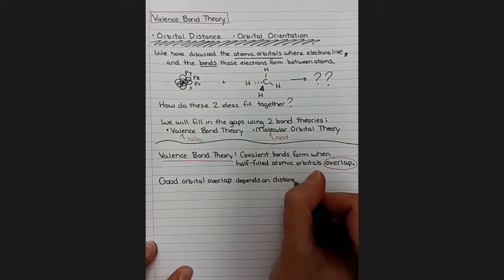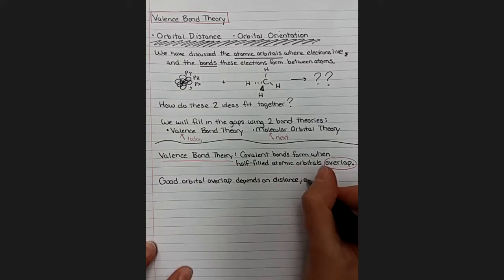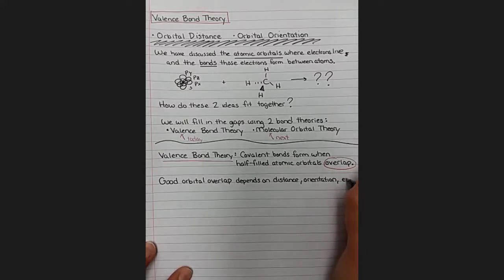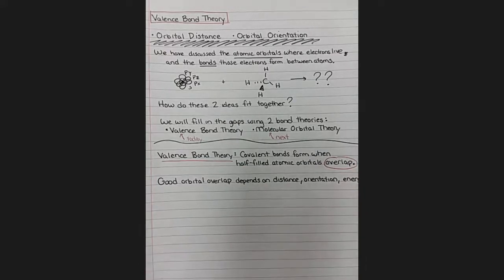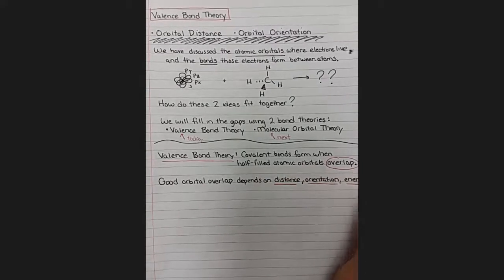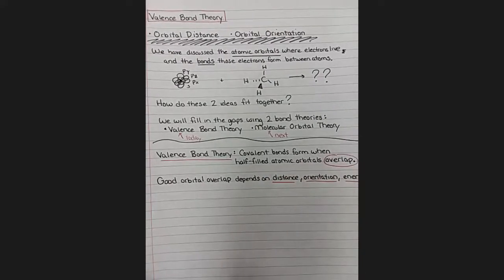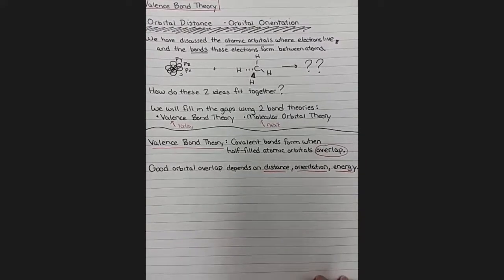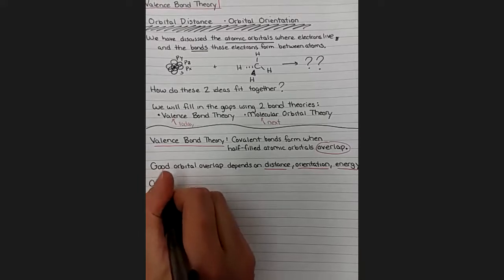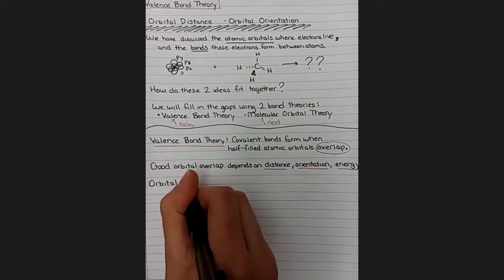To get good overlap, we need the appropriate distance between the orbitals, the appropriate orientation of each orbital, and a good energy match. We're going to look at each of those 3 things in valence bond theory. So let's start with the first one, orbital distance.